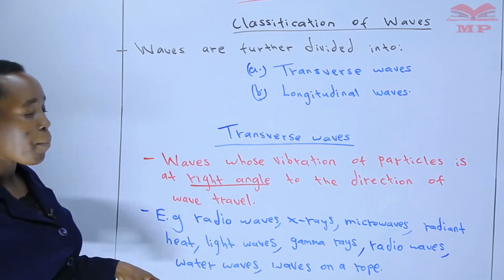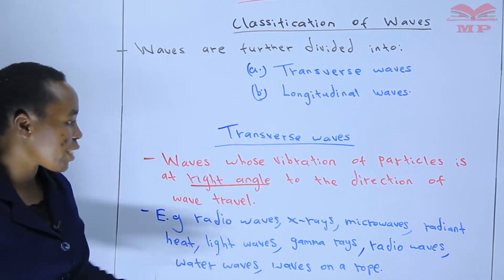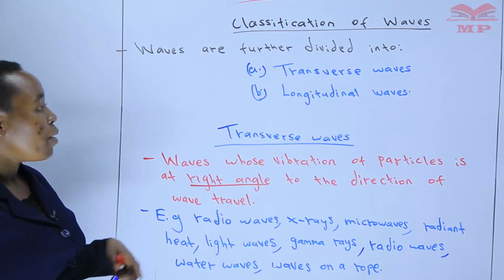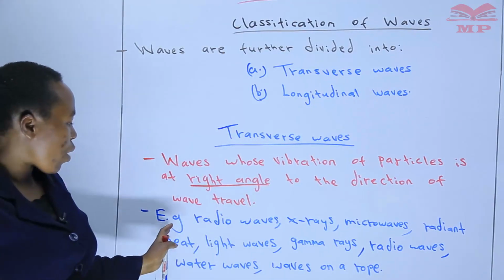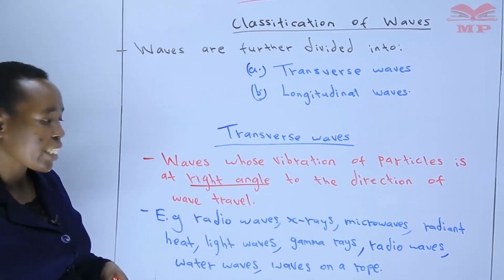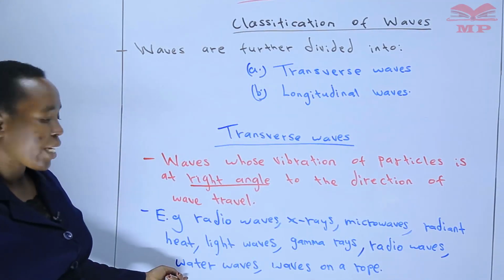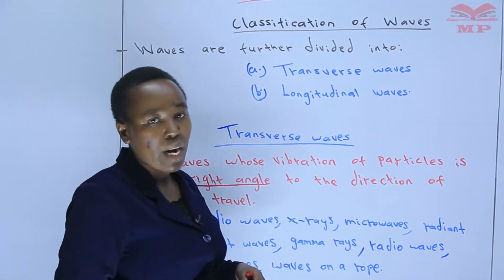So when you are told to give examples of transverse waves, we have listed so many of them. The first part is electromagnetic waves, which are all transverse in nature. We have also added the water waves, they are transverse. We also have waves on a rope.